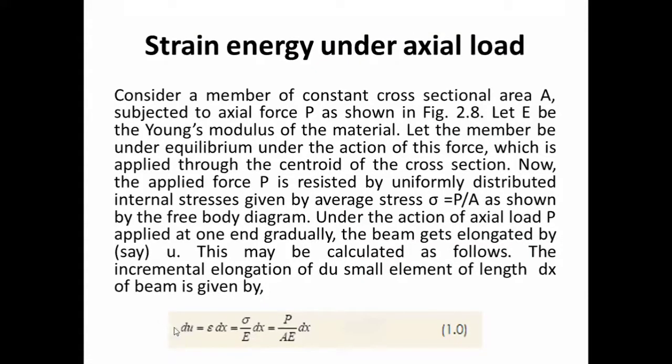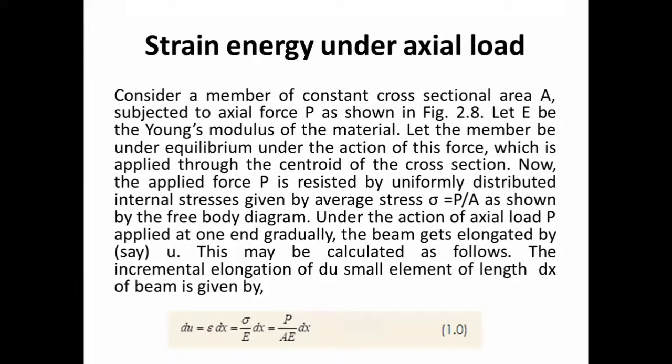So we have rewritten this equation of strain as du is equal to epsilon times dx. Now what is epsilon? Strain. We can relate this strain to axial stress and Young's modulus. Young's modulus, we know, is stress upon strain. So capital E is equal to sigma upon epsilon, so epsilon will be sigma upon E.